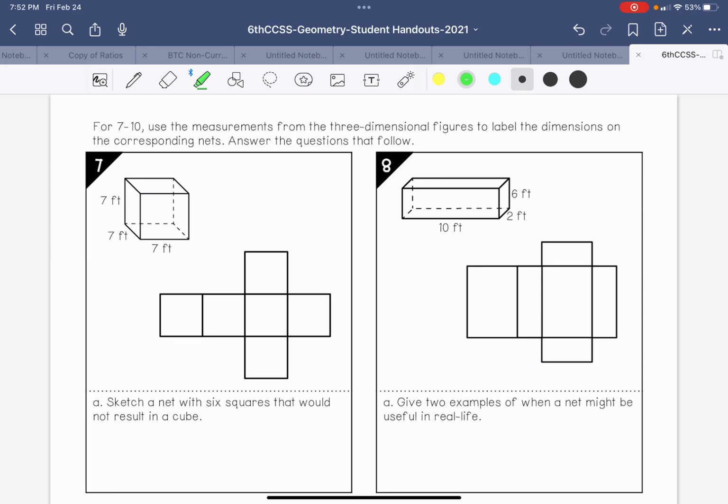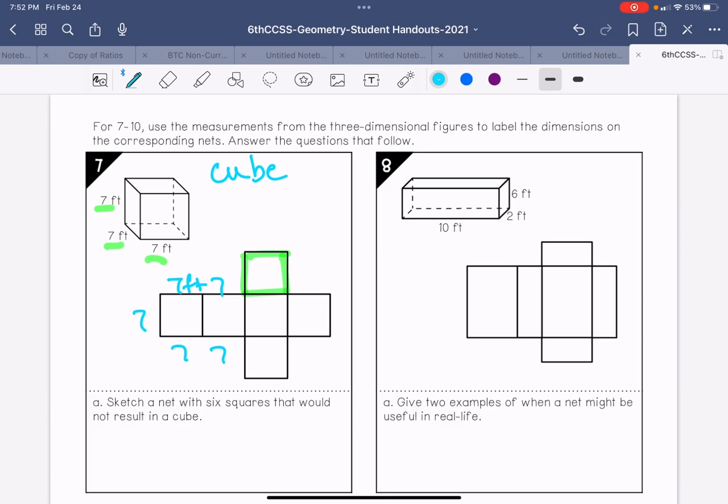All of the faces are square because they're 7 by 7 by 7. So this shape would be a cube. So all of those lines are going to be the same. They're all going to be 7, 7, 7, 7, 7. All of them, 7 feet. All of those sides are 7 feet.